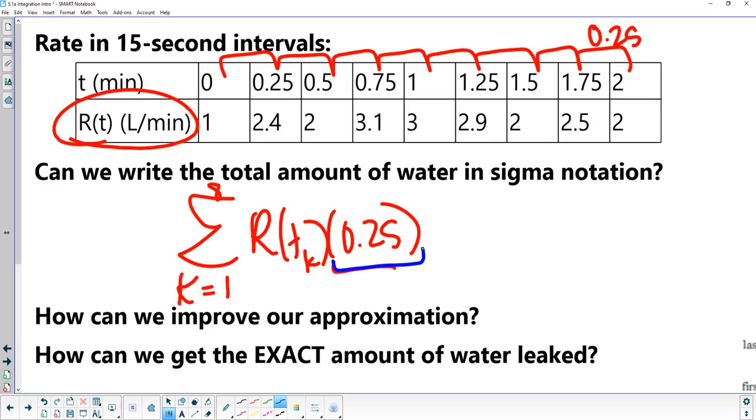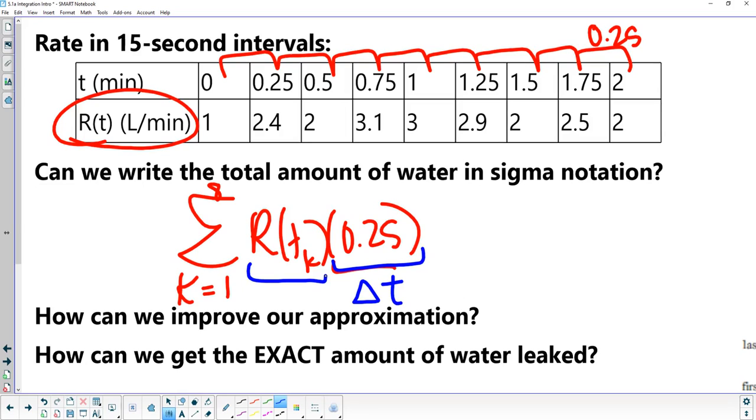What letter do we use? What Greek letter? Delta, right? So this is my delta T. Okay. And then this again is my R of T. Okay. So again, I know I'm taking snapshots every 15 seconds.